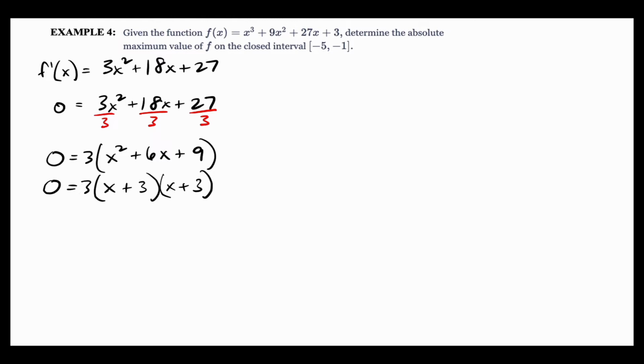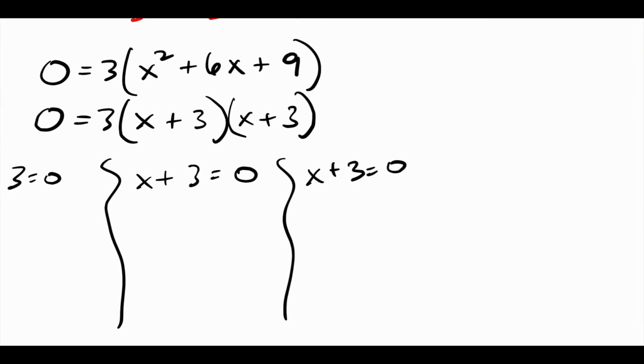Solve it. Set them all equal to 0 like we did yesterday, right? x plus 3 equals 0. Well, two of them are going to give the same answer. One of them, 3 is not equal to 0. That's just not a true statement, so we don't have to worry about that, but we do get negative 3 twice.